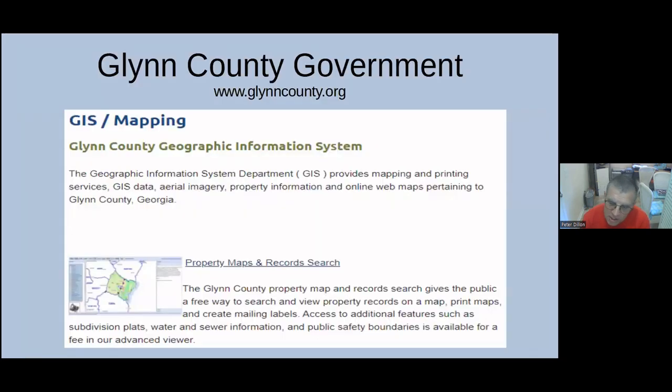Local governments also have their own series of maps. So Glynn County is no different. And what these maps contain are a variety of different pieces of information. So the property maps are for houses in the county.